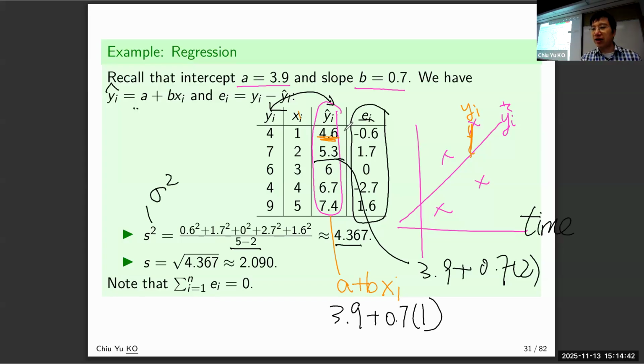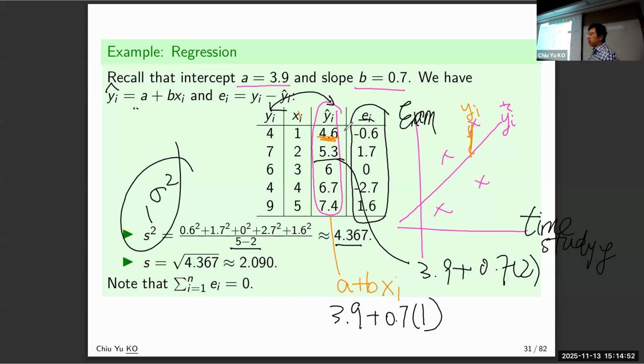So you want to study: this is the time you spend studying, and this is your exam score. And if sigma is big, you can always claim, okay, not my problem. It's a problem of the temperature, of luck, or the other guy at the other table was very noisy during the exam, or I didn't sleep very well.